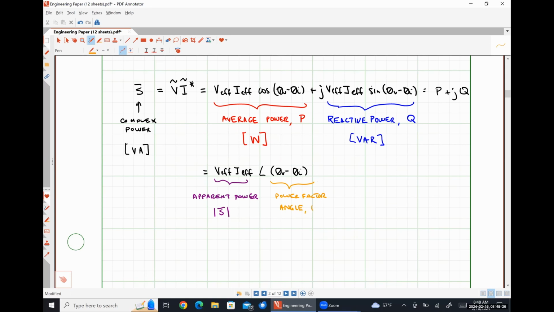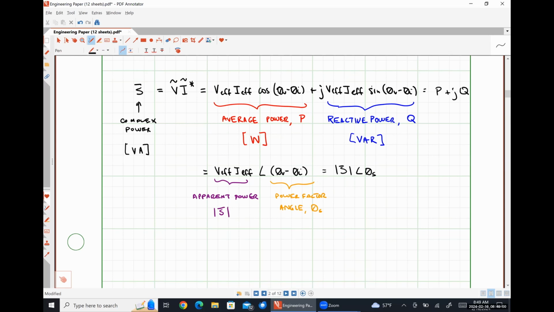I'm going to give it a symbol of theta S. We'll go into a lot more detail about what the power factor angle means in a few minutes when we discuss power factor. But before that, instead of having this equation, we might just represent it as the magnitude of S with an angle of theta S.